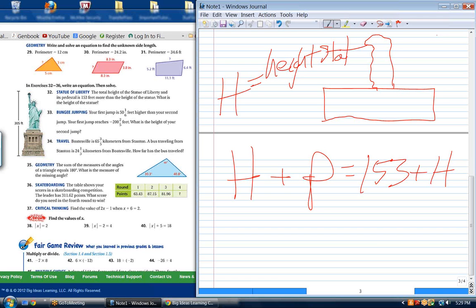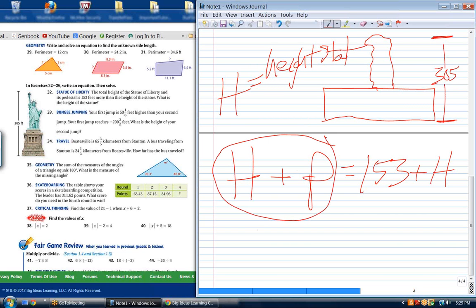Okay, so no wonder I was missing something. This distance from there to there is 305. Yep. So the height of the statue and the pedestal, I can substitute 305 for that. And that's equal to 153 feet more than the height of the statue.